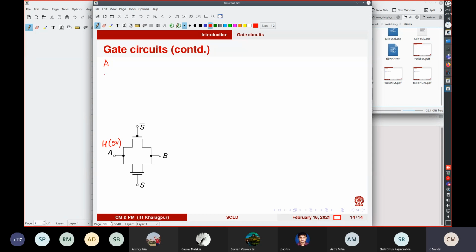Here you have two possibilities for S. Say S is equal to 0 and S is equal to 5 volts. S is 0 and S is 5 volts.